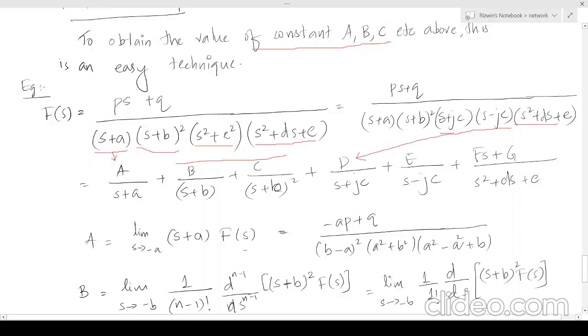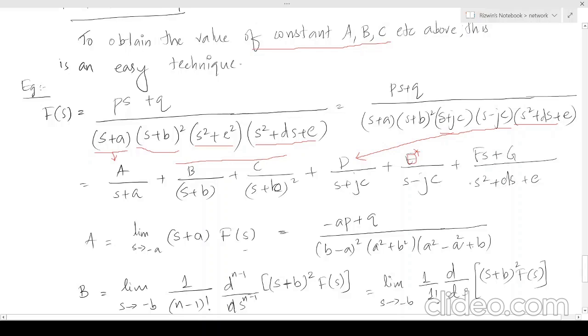So the complex function is split into D and E. Obviously E will be D conjugate, and so we write s plus jc as the denominator of D, and s minus jc will have the denominator of D star or D conjugate, plus the final term, which is a quadratic equation, written in the form of (fs plus g) by (s square plus ds plus e).